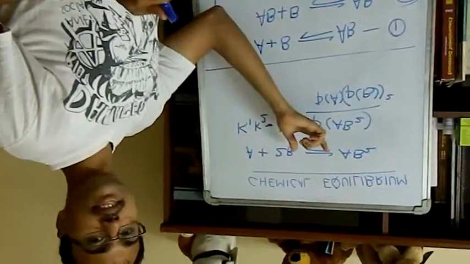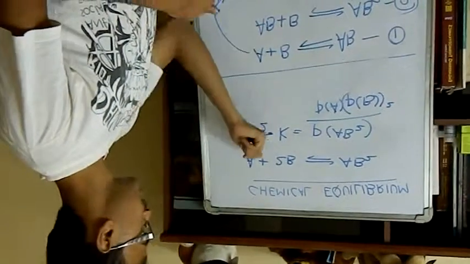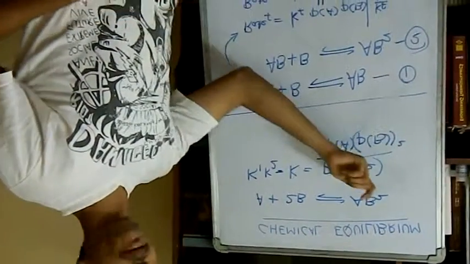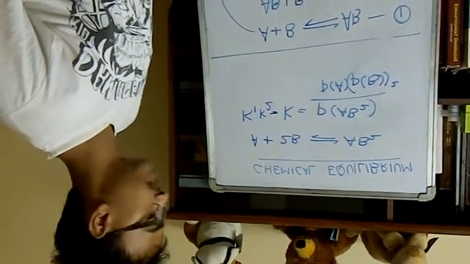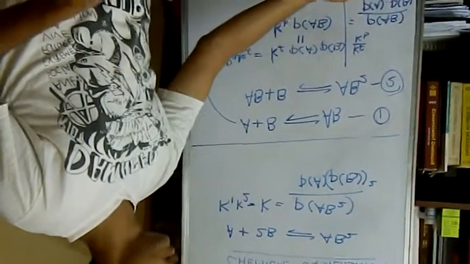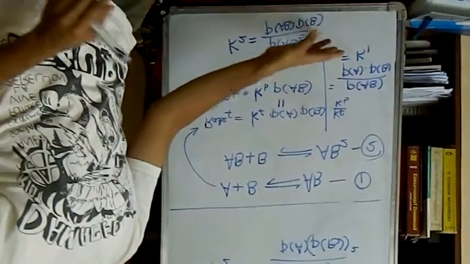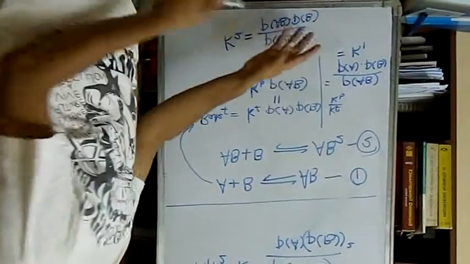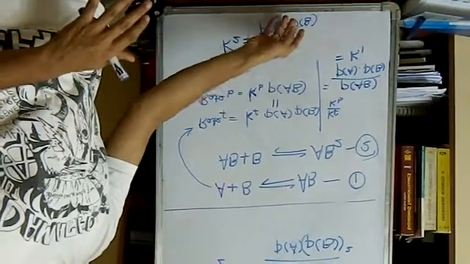When this reaction is in equilibrium in a reaction vessel, AB and AB2 have a constant partial pressure. So K1 will be a constant independent of the actual pressures, and K2 is a constant independent of the pressures of these compounds.